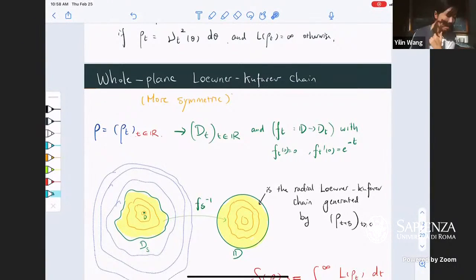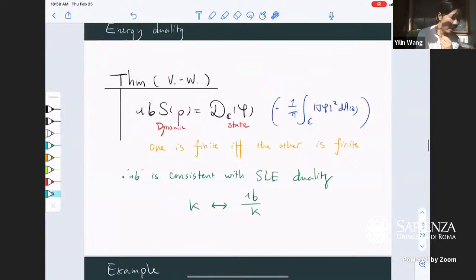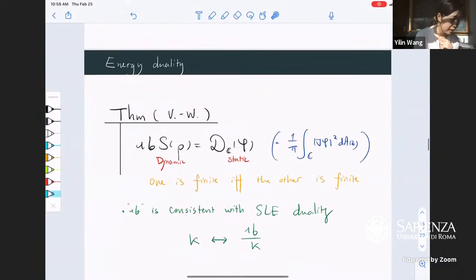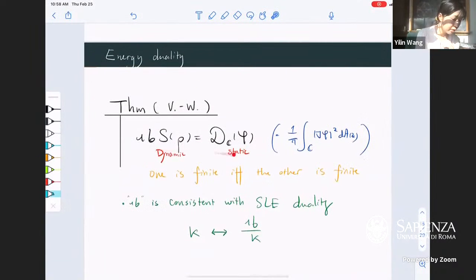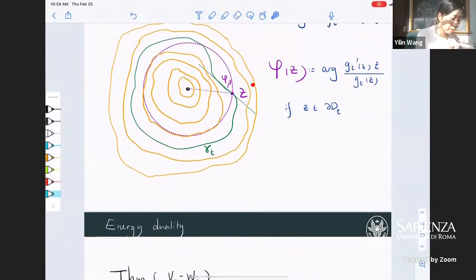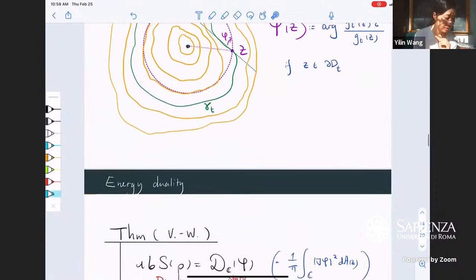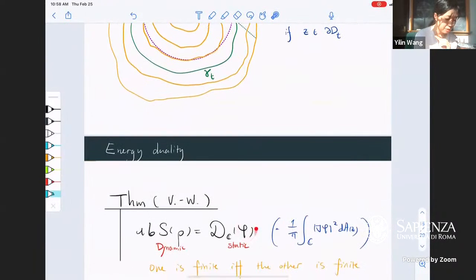No. If it's not absolutely continuous, then this energy will be infinite. What we actually assume in this theorem is that we get the foliation. By foliation I mean a family of chordal curves, and that is in order to define this phi.